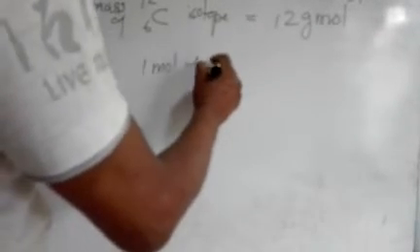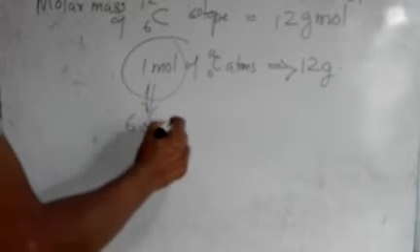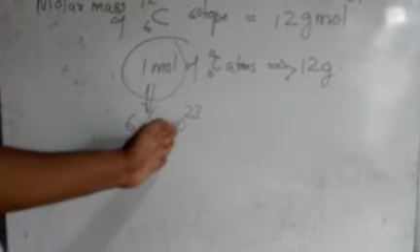1 mole of carbon atoms are there in 12 grams. 1 mole means the Avogadro number. So we can say that in 12 grams of carbon-12 atoms, 6.022 times 10 to the power 23 carbon atoms are there.